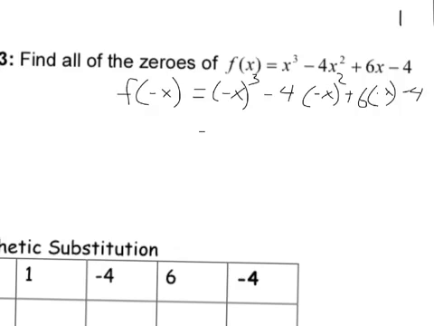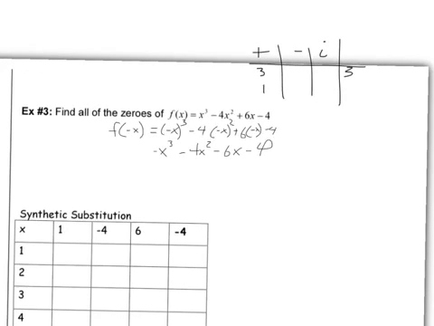So negative x cubed just turns into negative x cubed. Negative x squared, the negative doesn't stick, but it's already negative, so we just say negative 4x squared. Negative 6x, negative 4. The sign never changes, so that means the number of negative real solutions is 0.